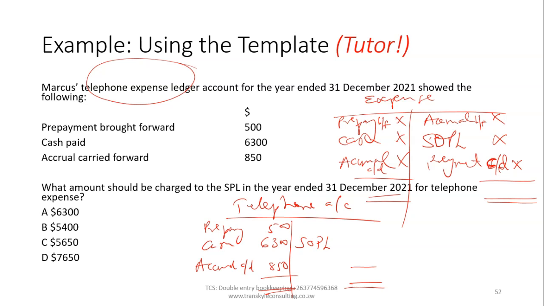That's 7,650. All right, 7,650, and you can see that because we do not have other information, the only balance we can have is 7,650, which was transferred to the statement of profit or loss, and our answer is D. So simple, isn't it?